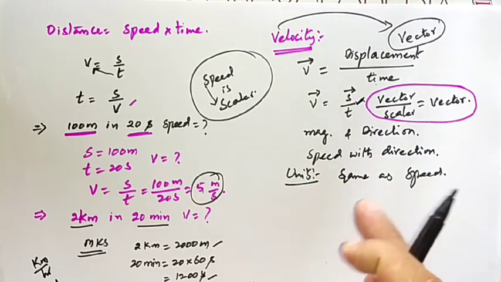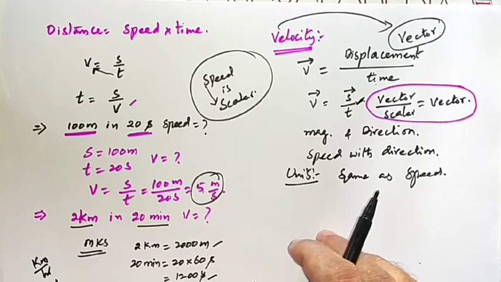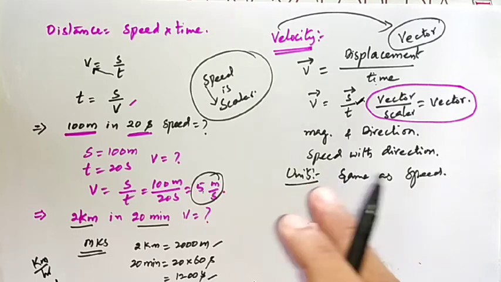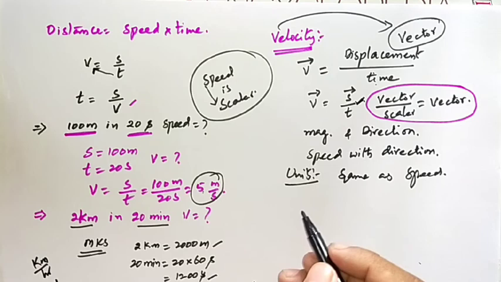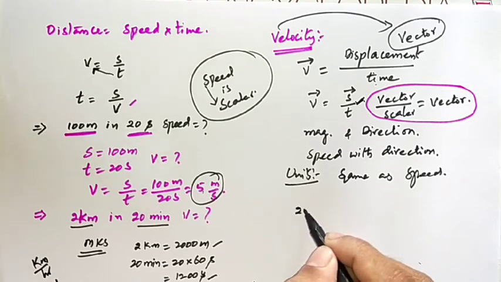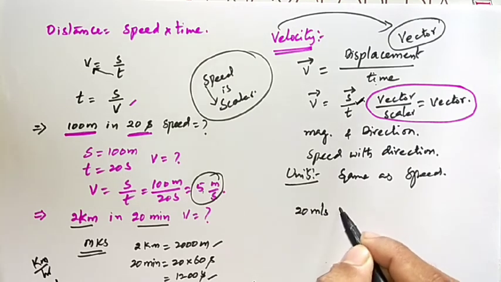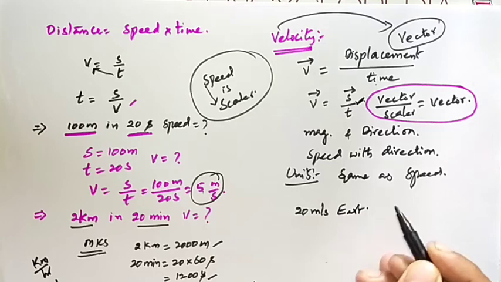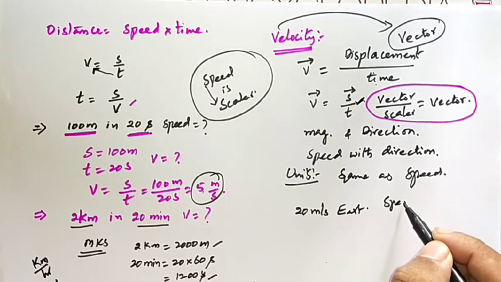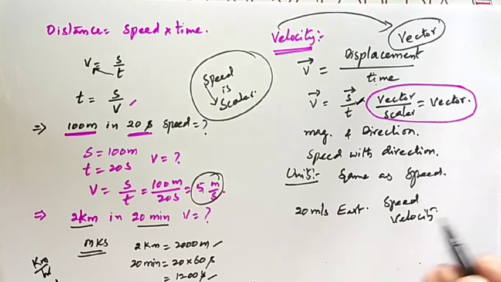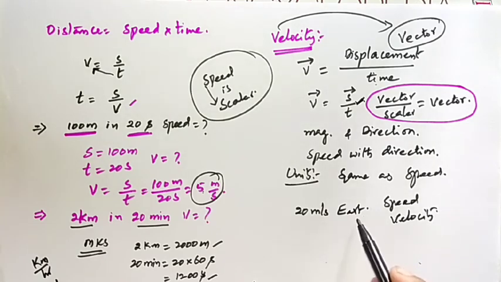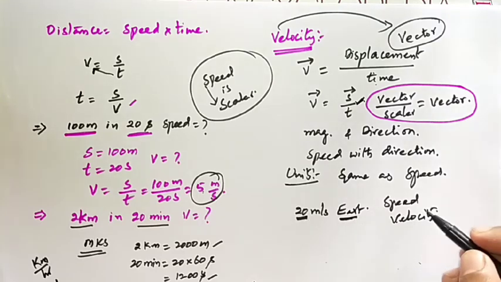Clear? That is the difference between speed and velocity. Speed is a scalar quantity, velocity is a vector quantity. For example, if I write 20 meters per second east, is it speed or velocity? Twenty is the magnitude, east is the direction, so it is velocity.